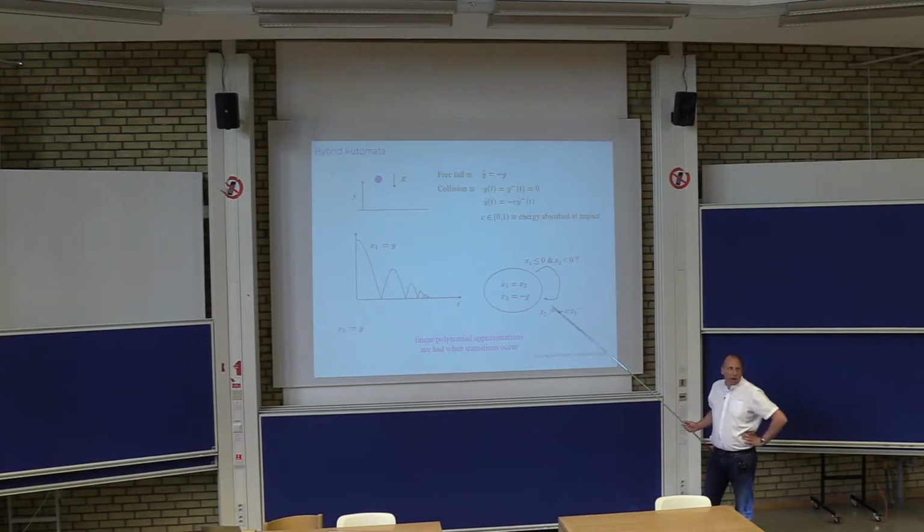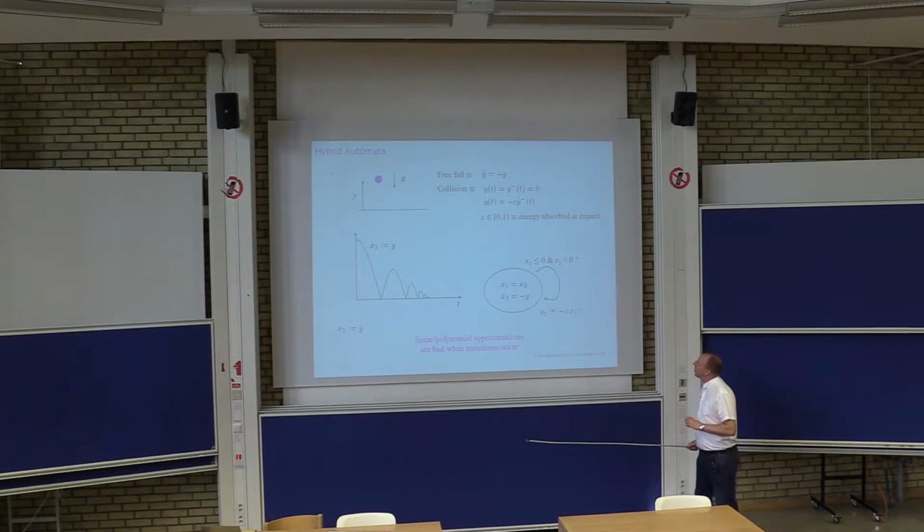That's why we started with talking a little bit about hybrid automata. Not very in-depth, but at least to get some basic understanding of how to build up models and what the problems are when you have hybrid systems.